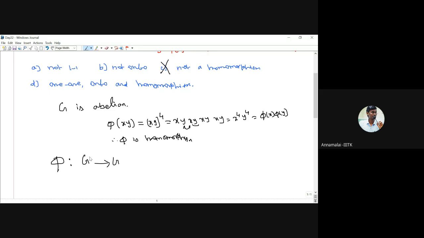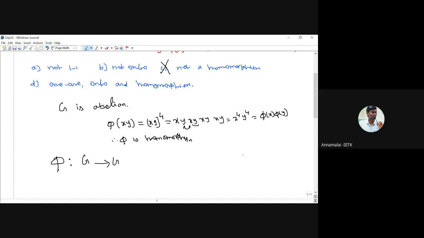Therefore if you prove the function is 1 to 1, it is automatically onto, or if you prove the function is onto, it is automatically 1 to 1. So the domain and the codomain are the same set and it is a finite set. If it is 1 to 1, it is automatically onto, or if it is onto, it is automatically 1 to 1.